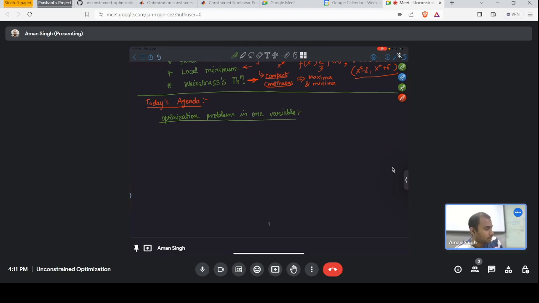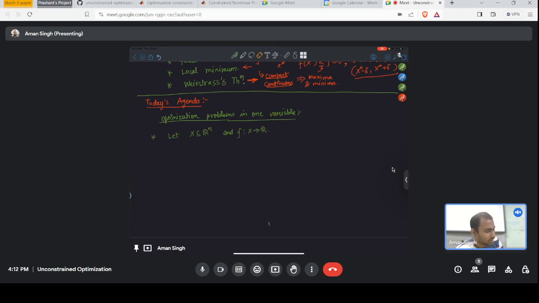Till now we have looked at the constrained optimization problem. Let's say X is a subset of some n-dimensional real number set, and f is a function from R^n to R. So it's a real valued function.